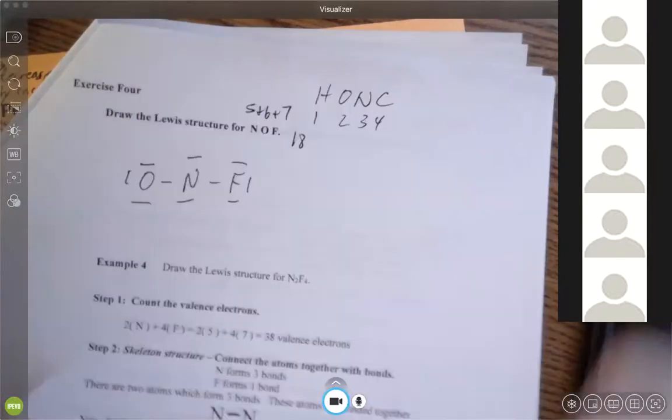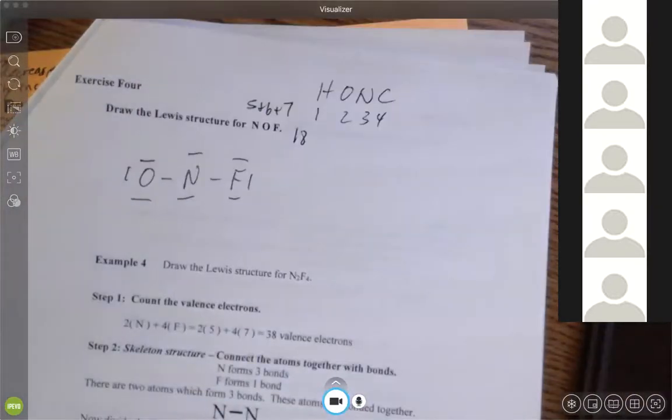I am 2 over my 18, so I need a what? I need another bond. Who's it going between? Nitrogen and fluorine or nitrogen and oxygen? Think of honk. How many bonds does oxygen like?